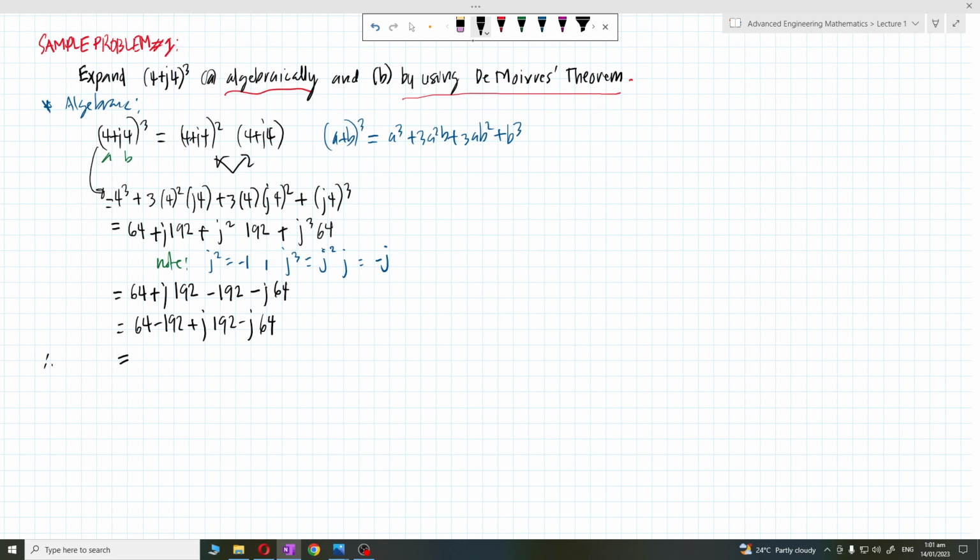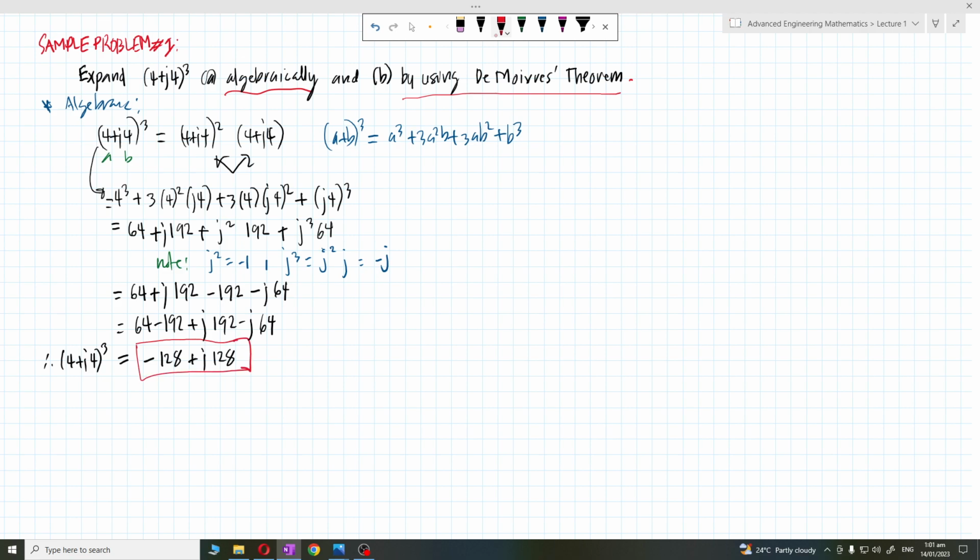Therefore, the expansion of 4 plus j4 raised to 3 is 64 minus 192, negative 128, and 192 minus 64 is positive, so plus j128. So this is the required expression or answer.